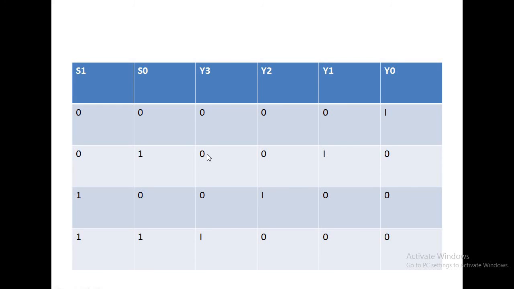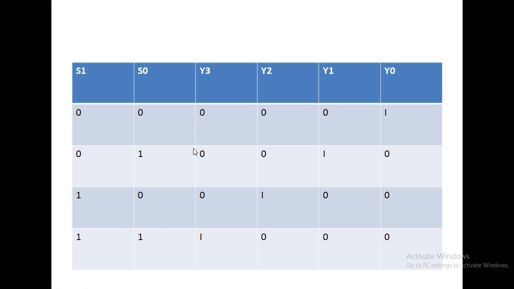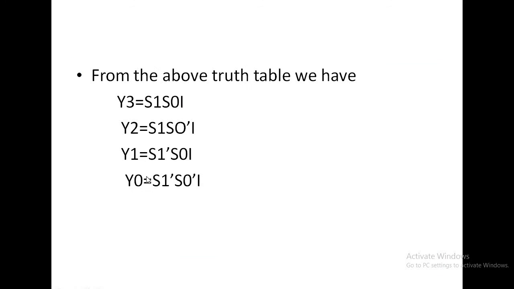What is the value of Y1? In Y1, S0 is 1 and S1 is 0. That means S1 complement, S0. What is the value of Y0? Y0 means both are 0. That means S1 complement, S0 complement.